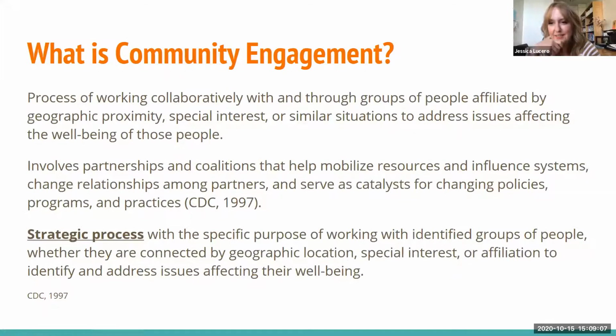One thing that I wanted to touch on, and this is me wearing my university hat, is that community engagement definitions vary depending on what perspective you're coming from. From a university perspective, one thing that we talk about a lot in community engagement is mutual benefit and reciprocity among partners.